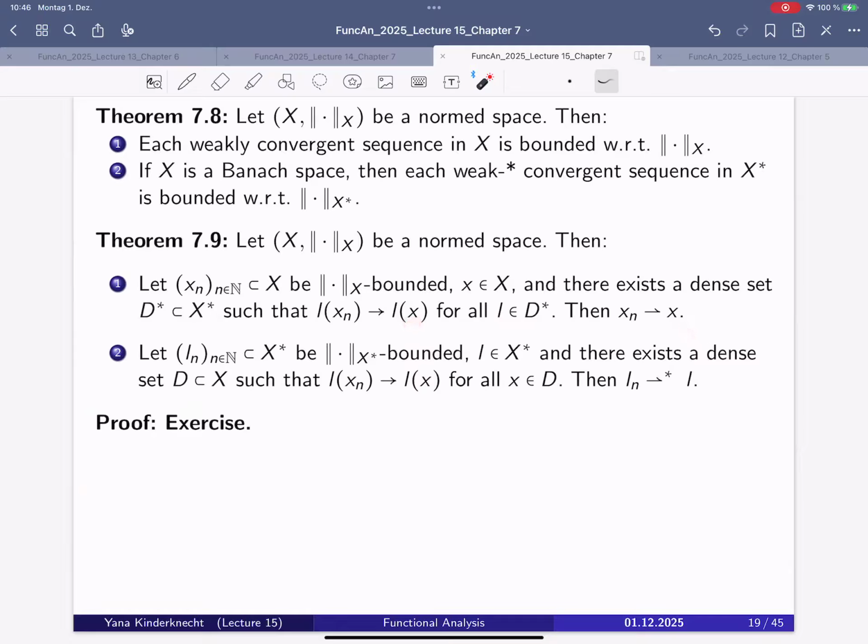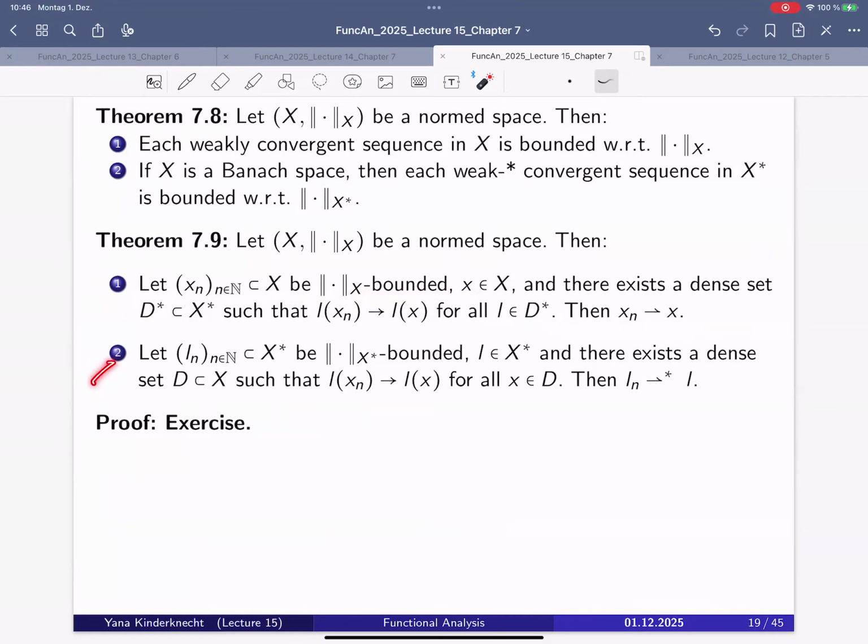Once again, to have this, we need the condition for all L from the dual, but if we have only a dense subset plus norm boundedness, then it is enough.